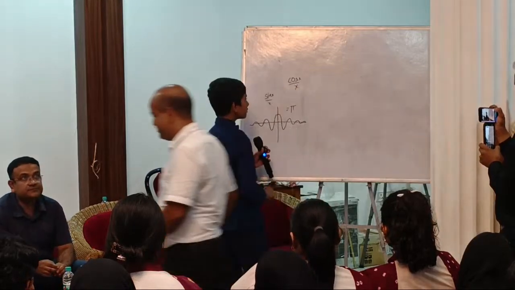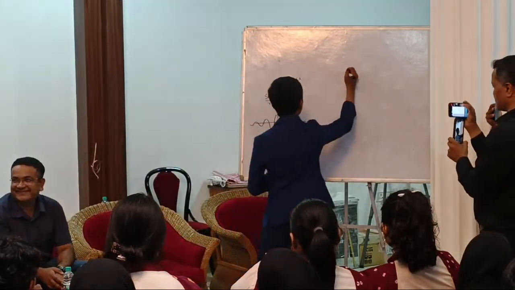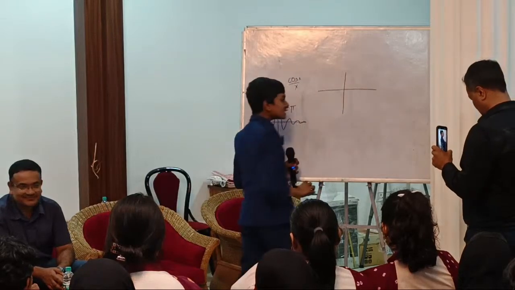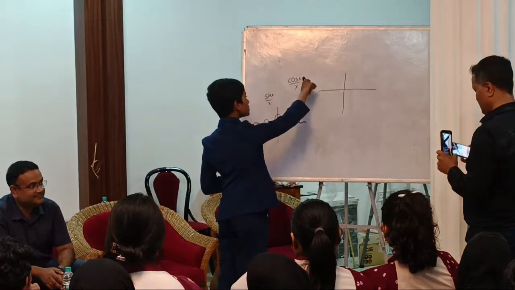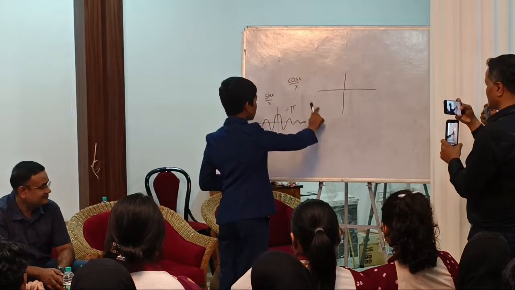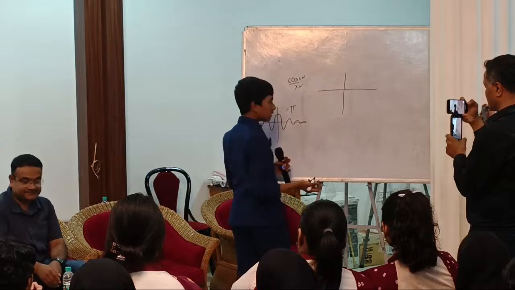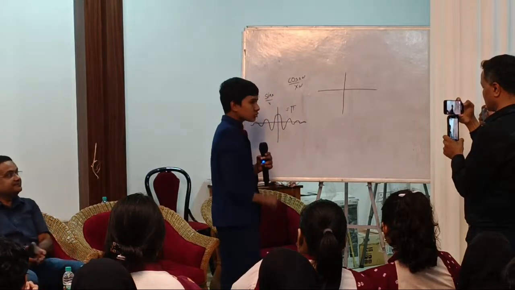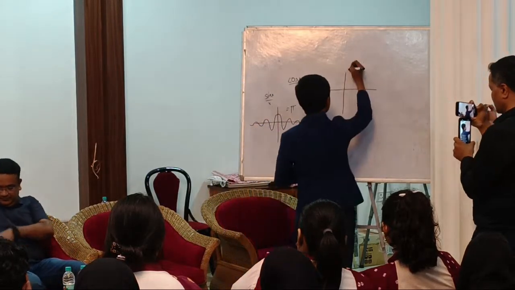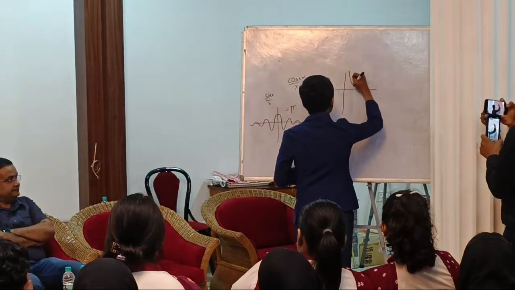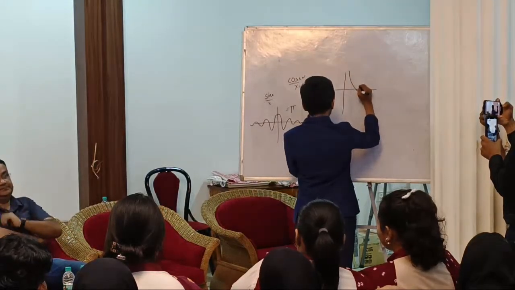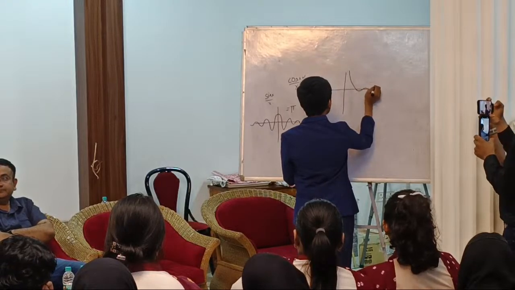But then, what about cosine x over x? Well, as x approaches 0, cosine approaches 1, and x approaches 0. Meaning, this is going to approach infinity. So essentially, at some point, we have infinite area occurring right over here.